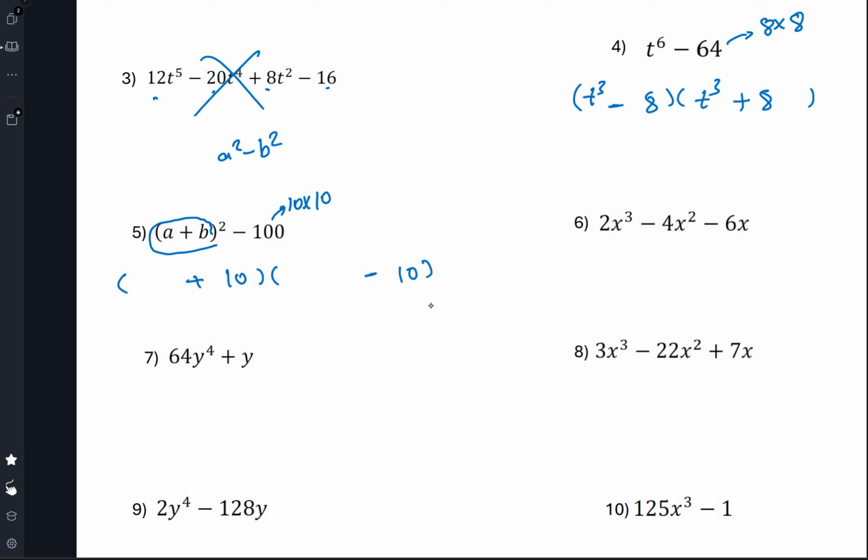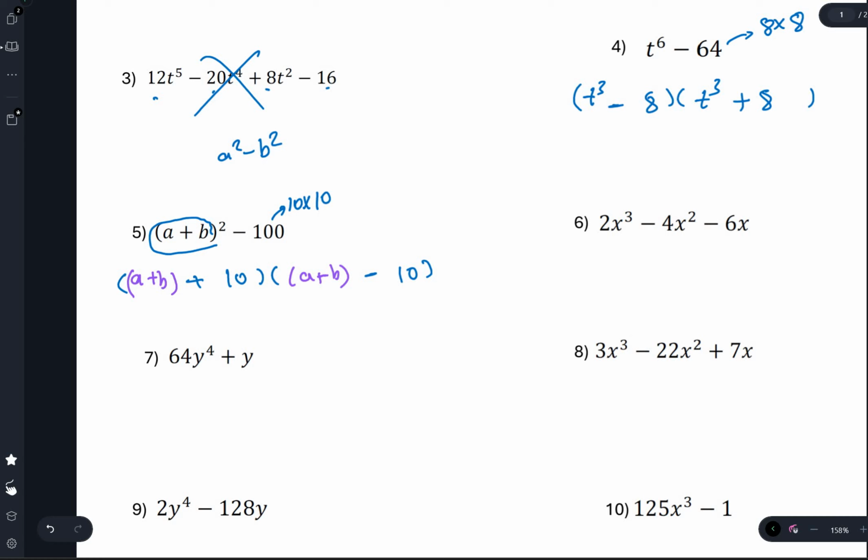And how about the other one? We can say a plus b, inside the bracket or without bracket, normal. And the other one, a minus b.